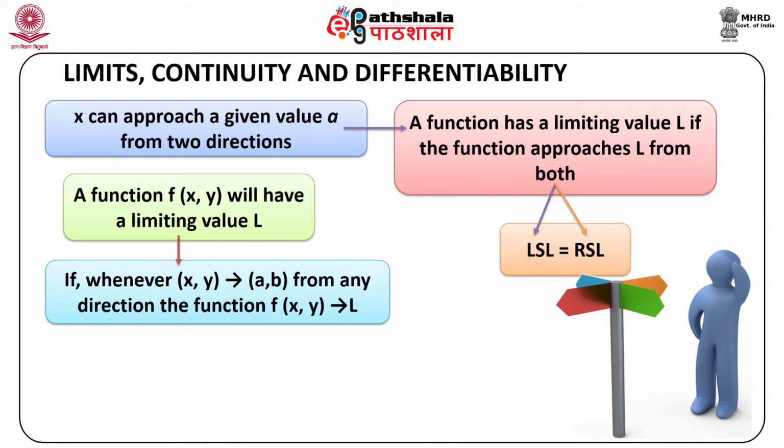A given function f(x, y) will have a limiting value L if, whenever x, y tends to a, b from any direction, the function f(x, y) tends to L. Basic rules for practically evaluating the limits of functions of two variables, those involving their scalar products, sum, difference, product and quotient, remain the same as in the case of single variable functions.